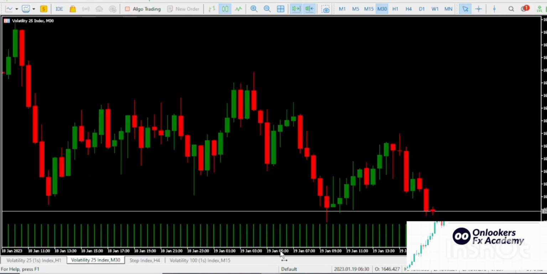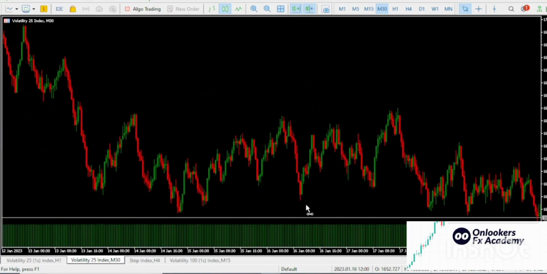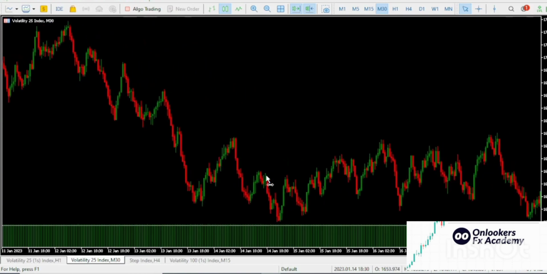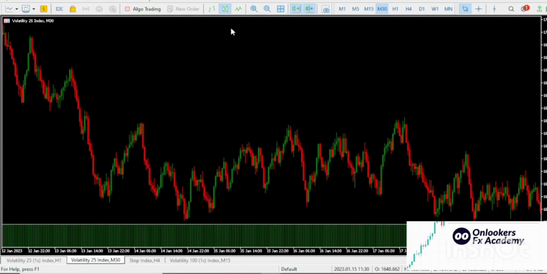So that's just that for order blocks. You can just keep on going through your charts. What you do is just keep practicing how to spot order blocks.